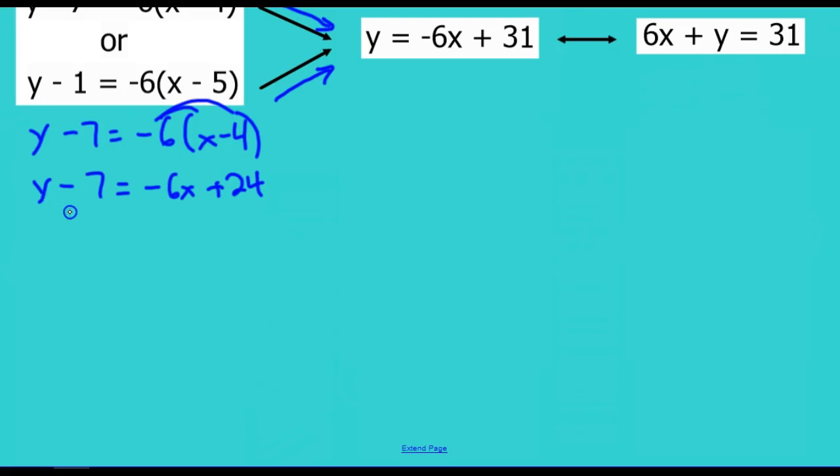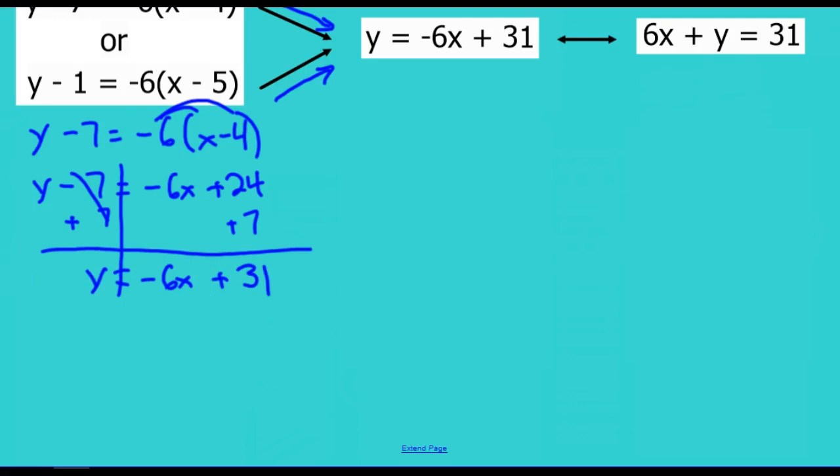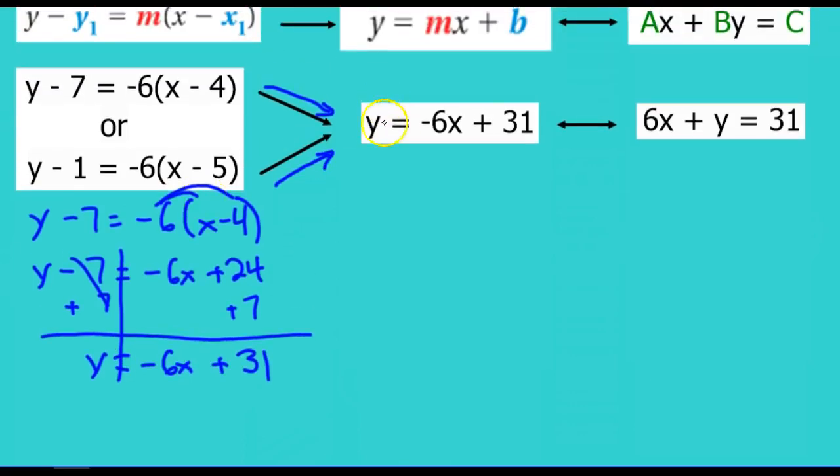Then all we got to do is get y by itself, so we're going to add 7. So y equals -6x plus 31. And that's what it came out with, y equals -6x plus 31.